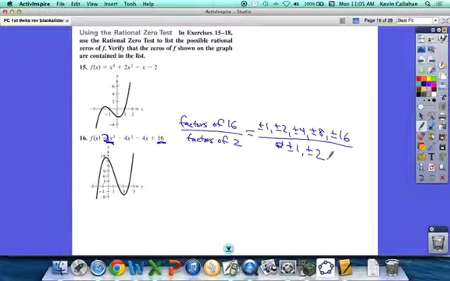That's not the list, is it? You have to go through and take all the combinations of what's in the numerator and the denominator. So obviously, when you divide anything by 1, you get the same thing: plus or minus 1, plus or minus 2, plus or minus 4, plus or minus 8, plus or minus 16. Okay, now do the same thing over 2. 1 over 2 is a half. And then 2 over 2 is 1, already got it. 4 over 2 is 2, already got it. 8 over 2 is 4, 16 over 2 is 8. So we already had those.